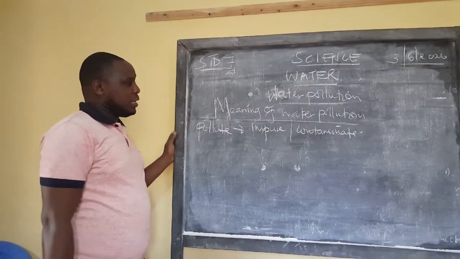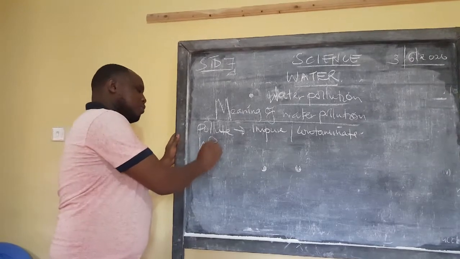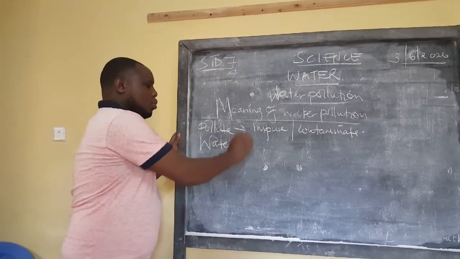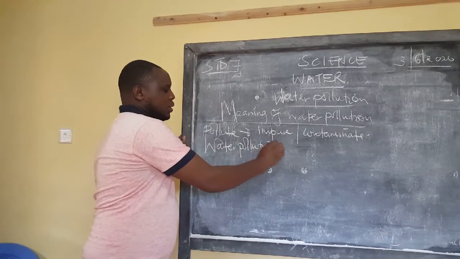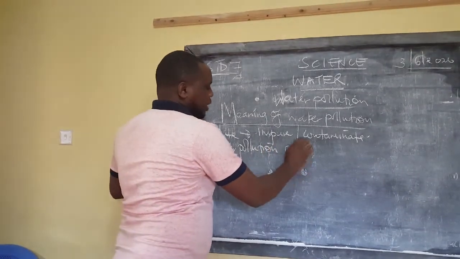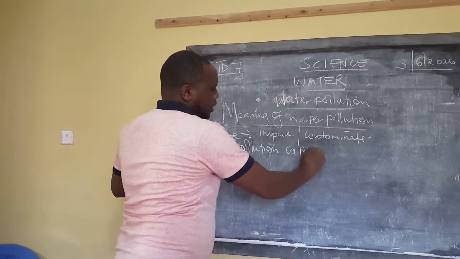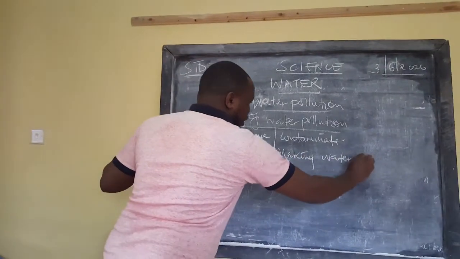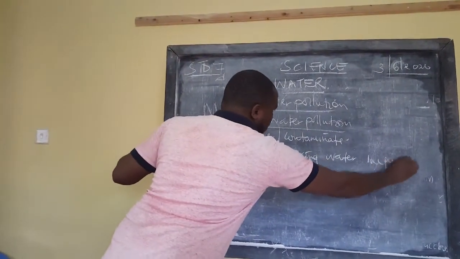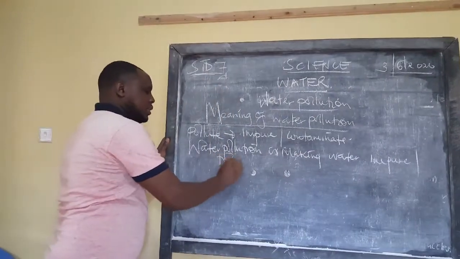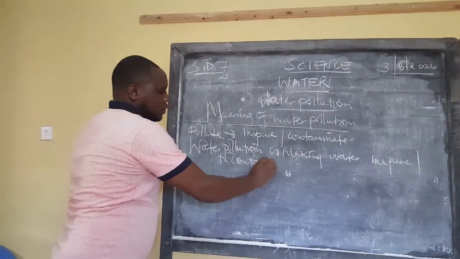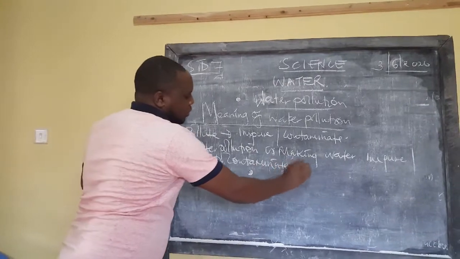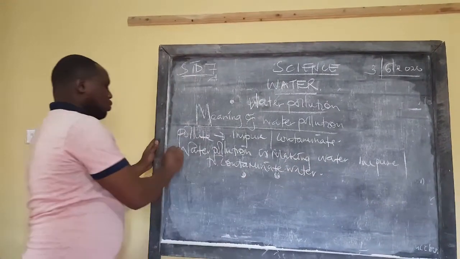Therefore, water pollution means making water impure or contaminating water. That is what we call water pollution.